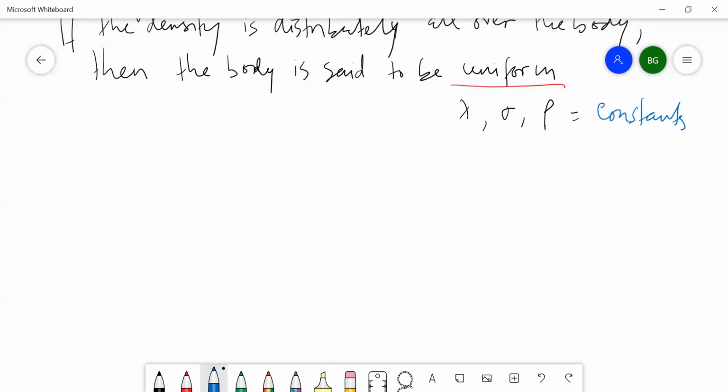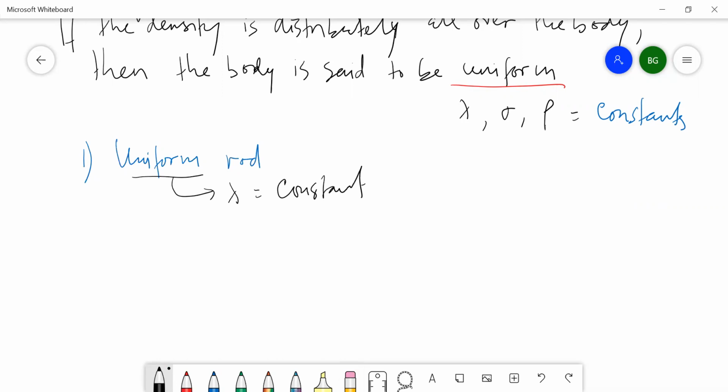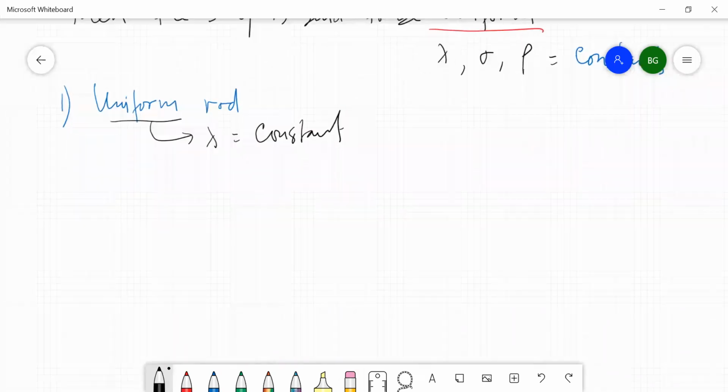The simplest thing is the uniform rod. It means that lambda is constant.